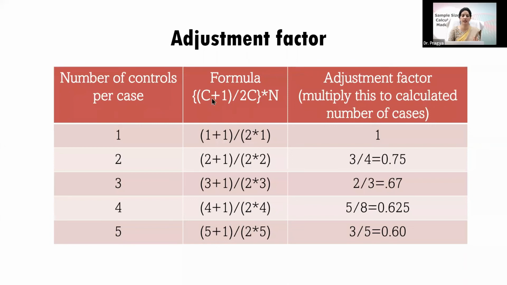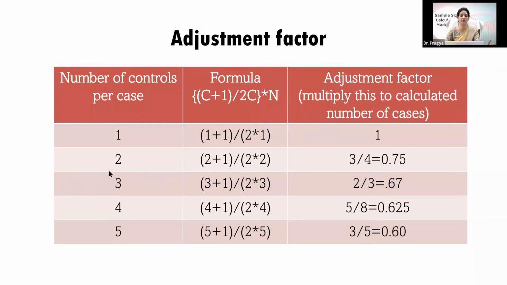So if you see, if your number of controls is 1, the adjustment factor is 1. If your number of controls is 2, then it is 2 plus 1 divided by 2C. Similarly, these are the multiple adjustment factors. You multiply this by the calculated number of cases, and that will reduce the number of cases.